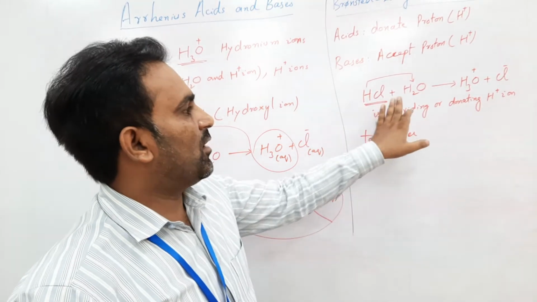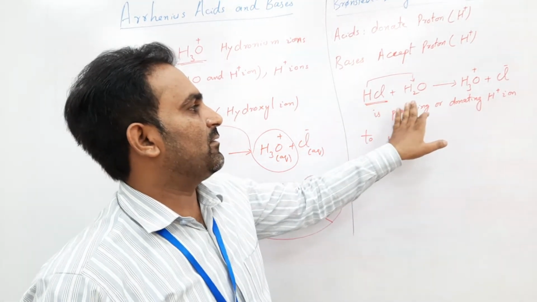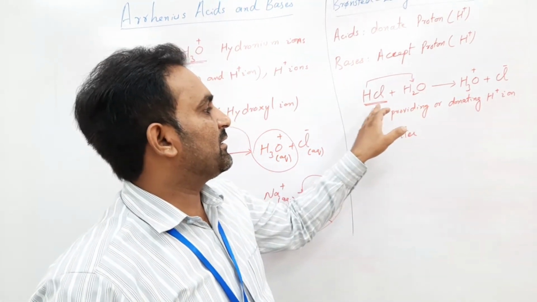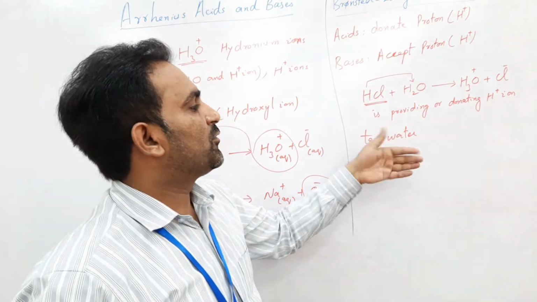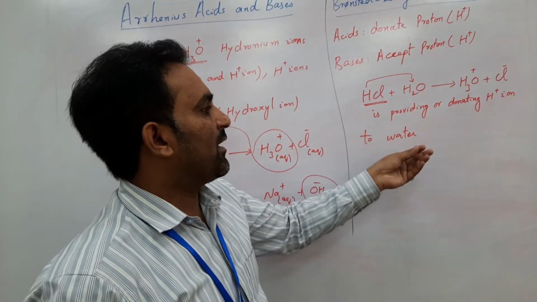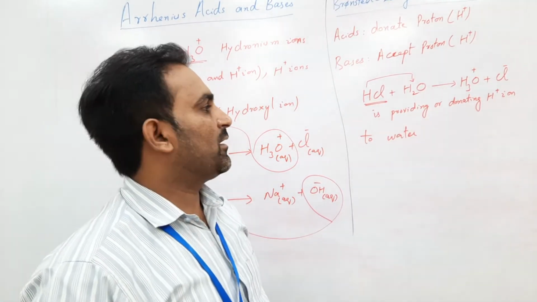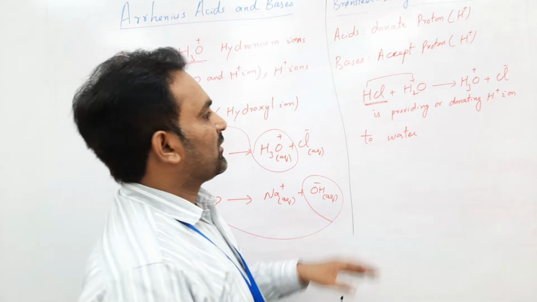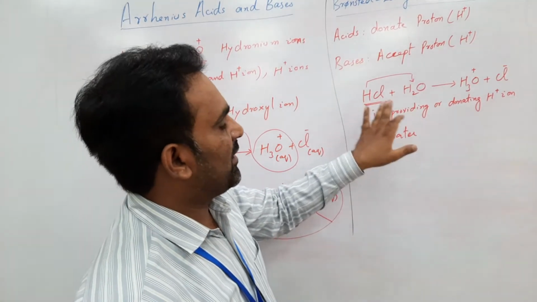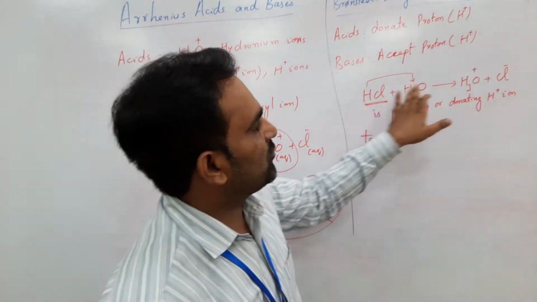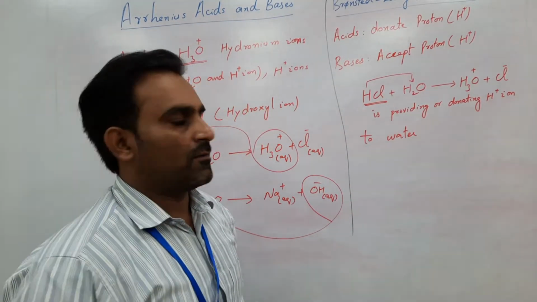In this way we call HCl an acid because it has the ability to provide or donate hydrogen ion, that is, to donate a proton.